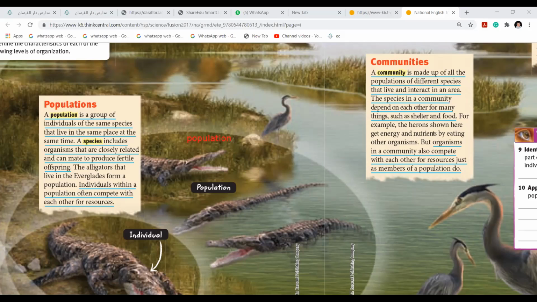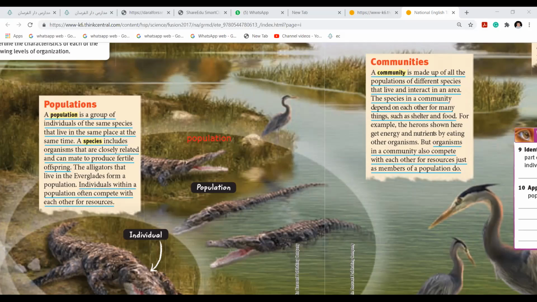But when I talk about communities, a community will have many populations in it. Many different populations will join, and then they will become a community. A community is made up of all the populations of different species that live and interact in an area. The species in a community depend on each other for many things, such as shelter and food.